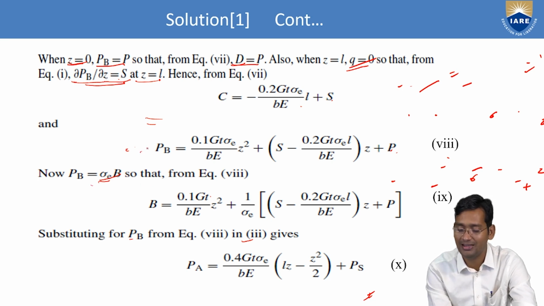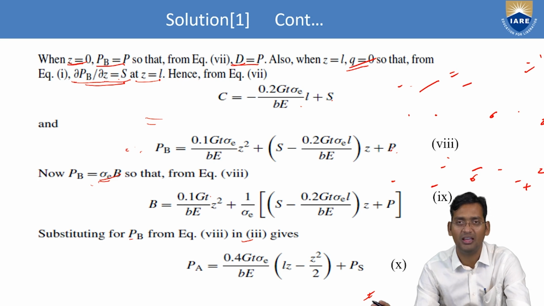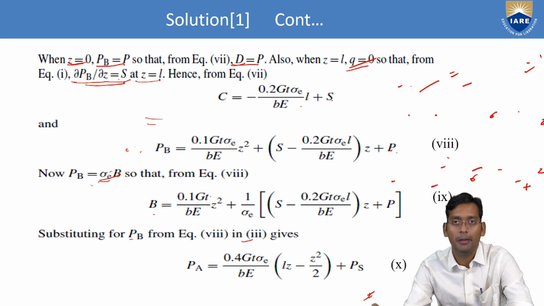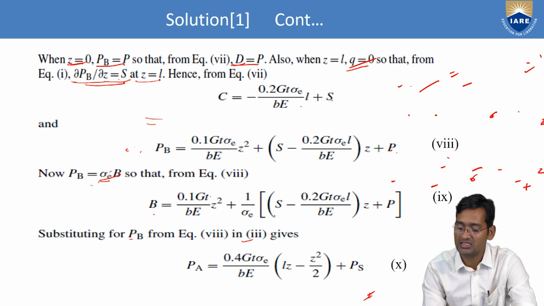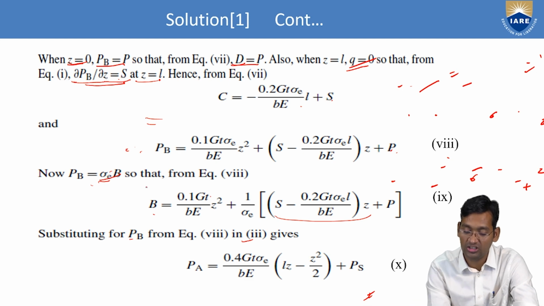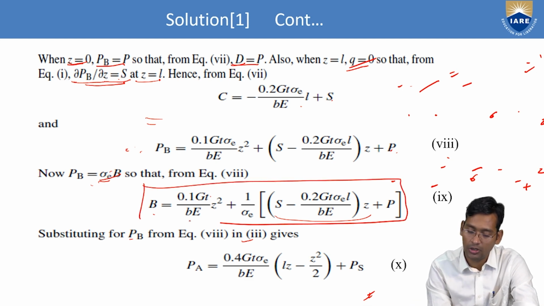After that, take C, sigma E constant, common, so sigma E will get cancelled. B will be equal to 0.1 GT by BE into Z square plus 1 by sigma E into S minus 0.2 GT sigma E into L by B into Z plus P. So this is the final equation for B.